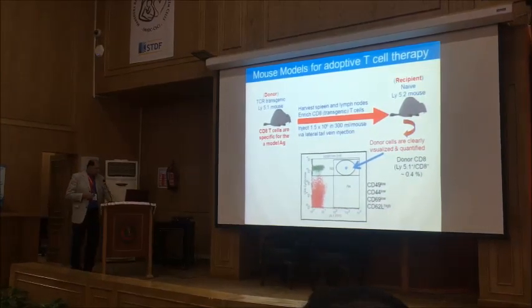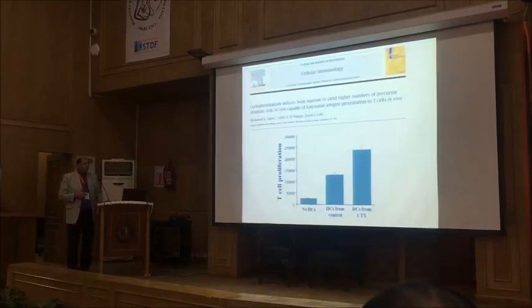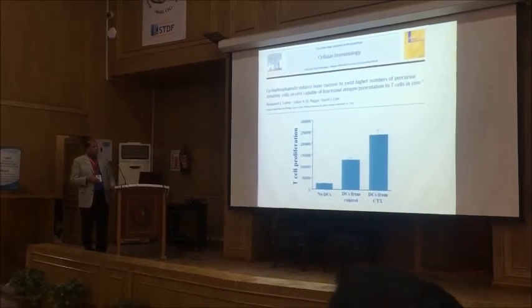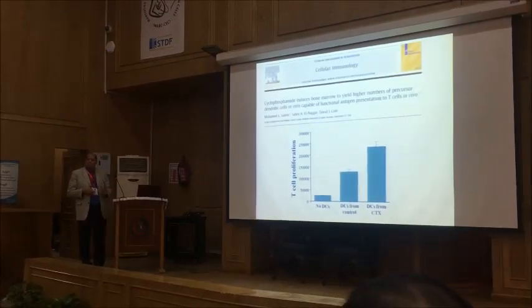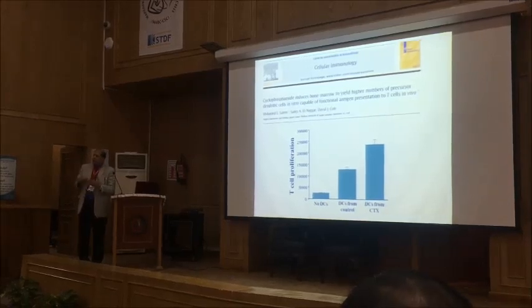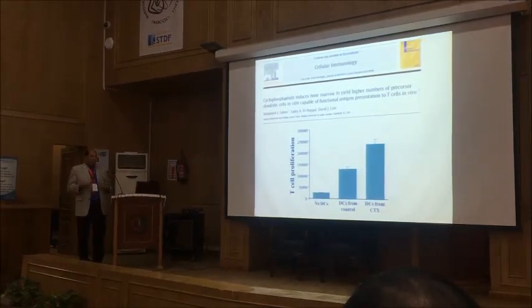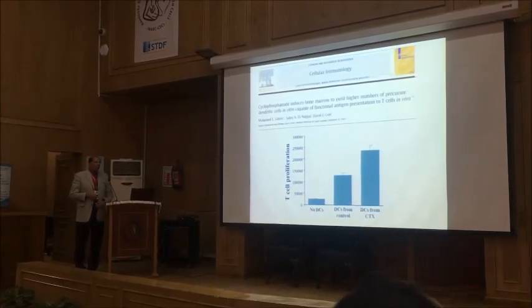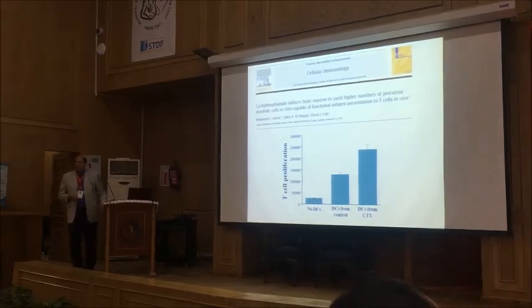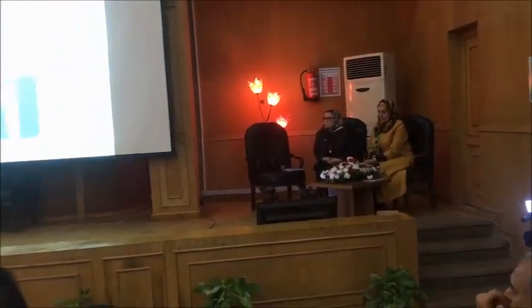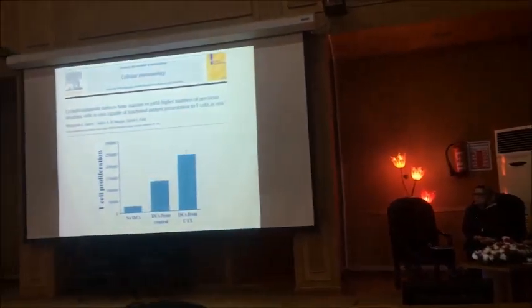We can characterize the phenotypes very nicely by flow cytometry. We use this very nice model, and we published several papers about the second concept I told you about, which is preconditioning the host with chemotherapy before adoptive T cell therapy. We did a series of studies and came to several mechanisms, but a very interesting one I show here is the expansion of dendritic cells about 10 to 12 days after chemotherapy.